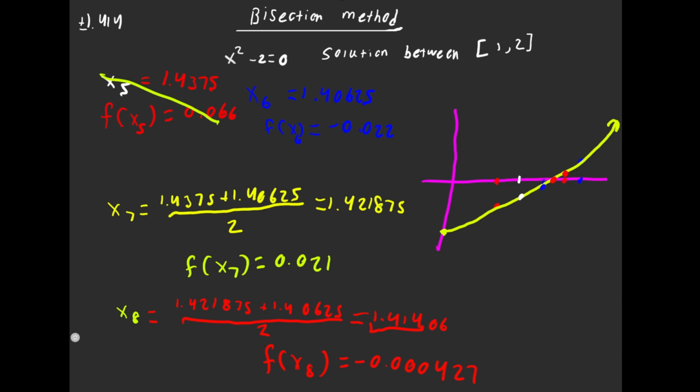So with that in mind, we can finally conclude that the solution is indeed 1.414. So what we can say now with certainty is as x approaches 1.414, or the square root of 2, f of x approaches 0. So that's it for this video, and thank you for watching.